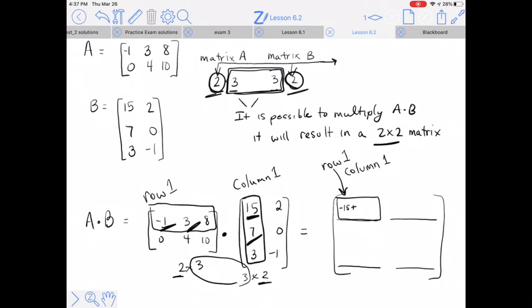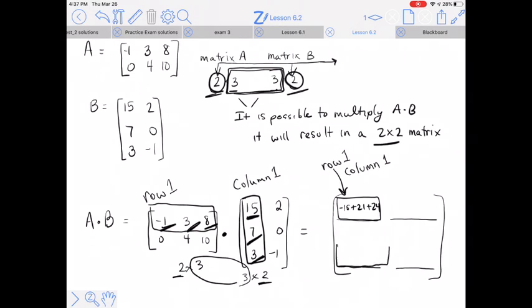So 3 times 7 is 21, and then I add that to these 2 entries which multiply, 24. So that entry there is going to be negative 15 plus 21 plus 24. And then the process just continues depending on where you are.